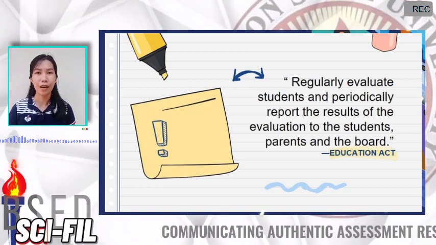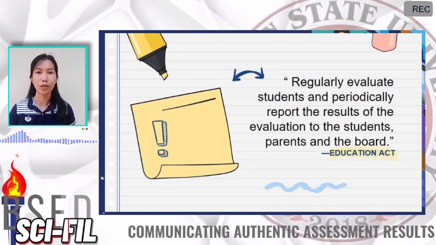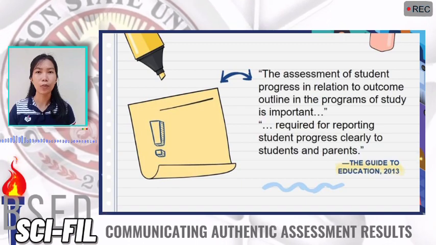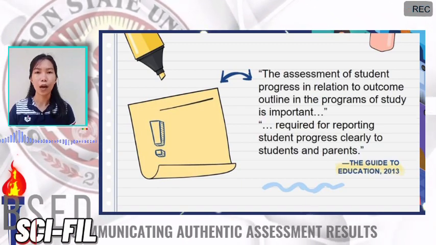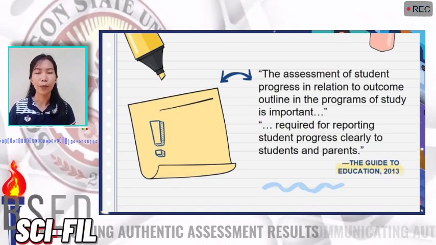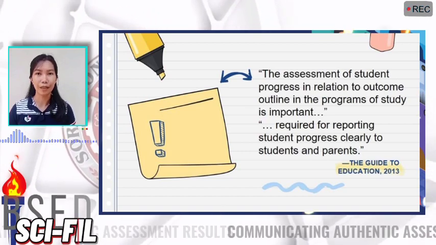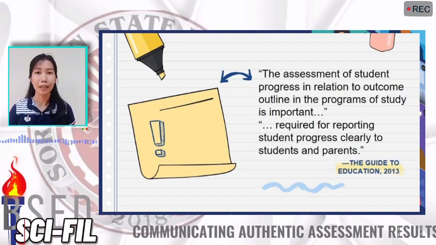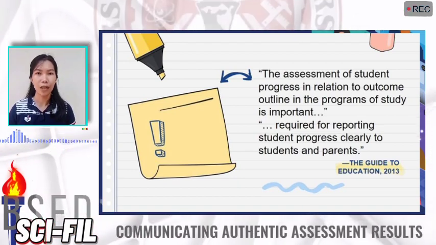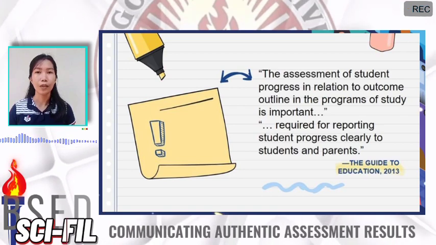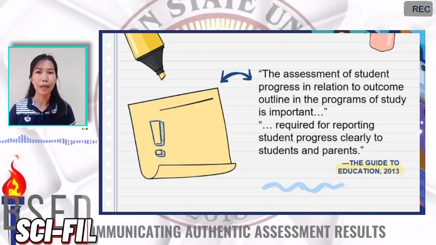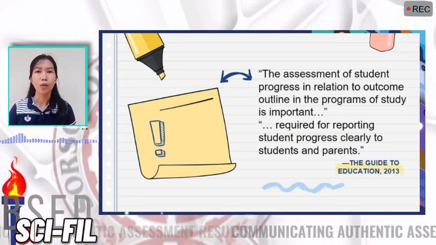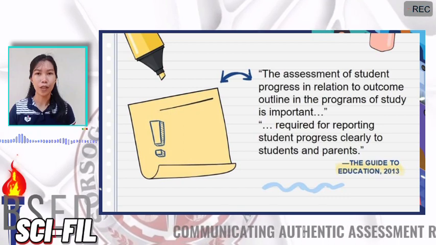In accordance, the Guide to Education 2013 also states that the assessment of student progress in relation to the outcome outlined in a program of study is important and required for reporting the student progress clearly to students and parents. These two documents provide legal basis for reporting student performance to both parents and students.